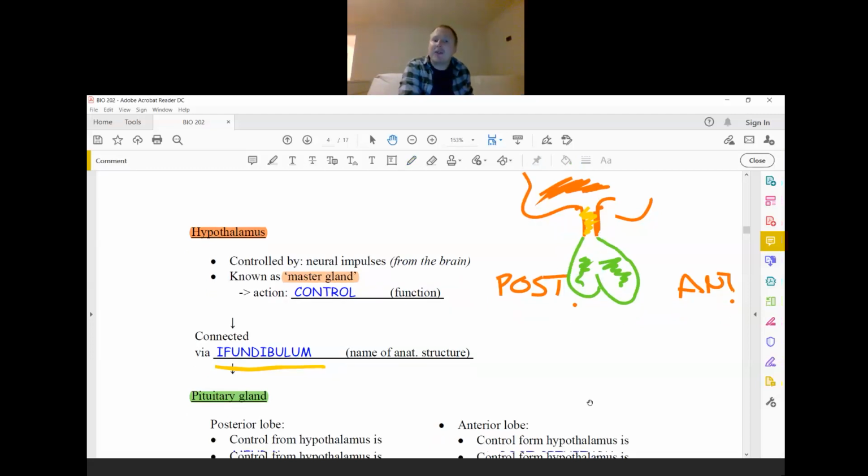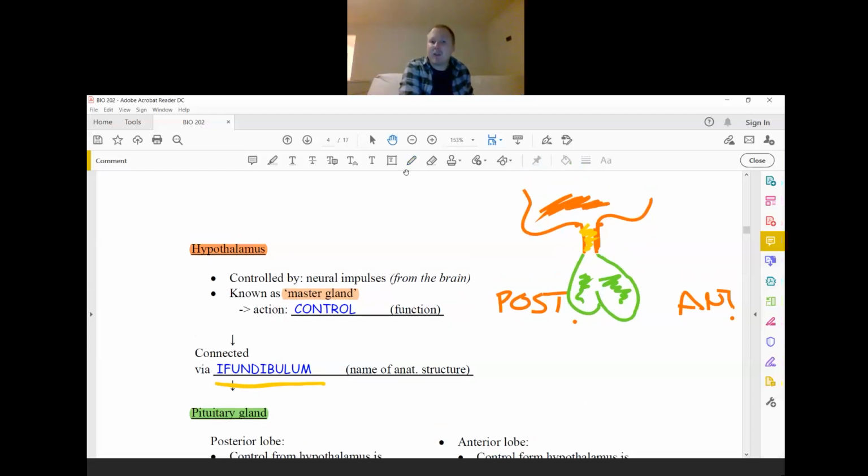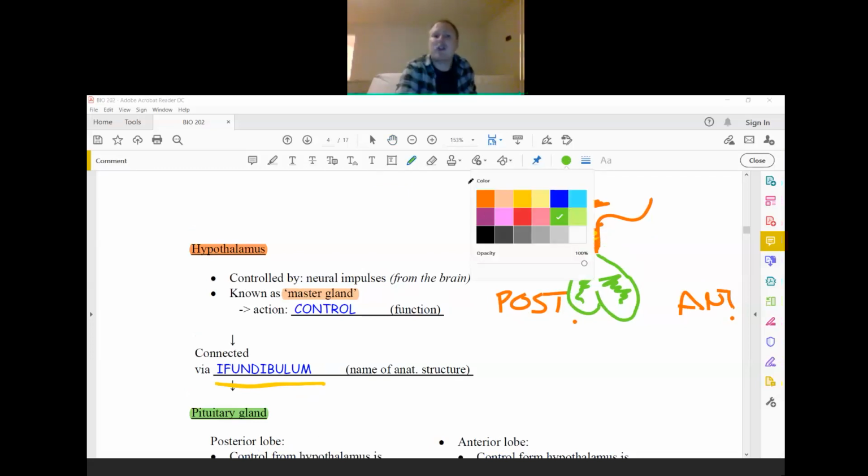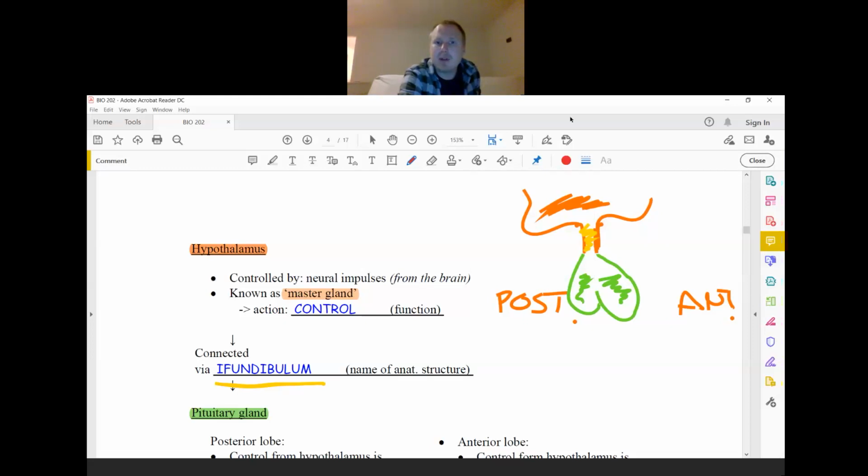What is probably the most important part when we're trying to make sense of these and how the messages pass through is to notice that it is through neural signals that messages travel to the hypothalamus, and from the hypothalamus, messages travel typically always to the posterior pituitary.